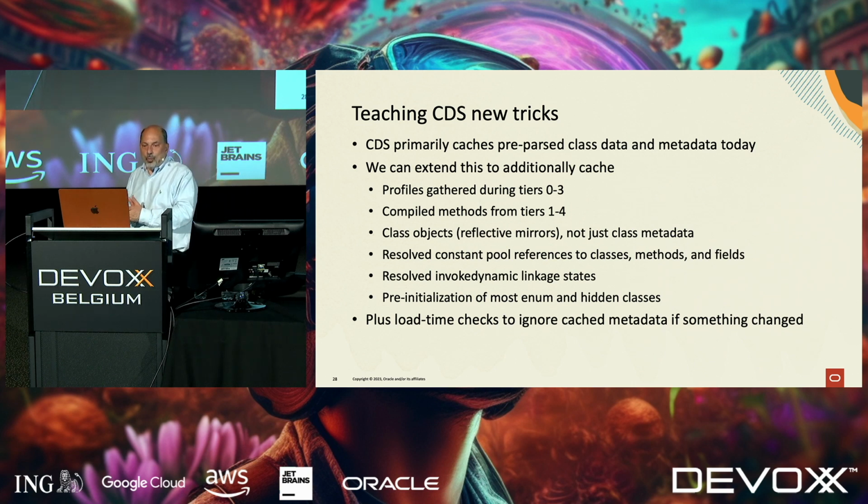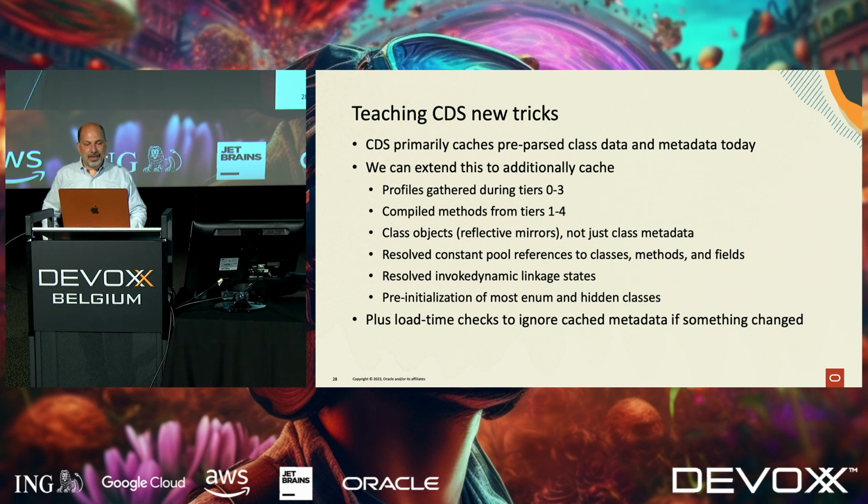And so what we did is basically teach CDS to gather additional information that is discovered during a training run, like invocation profiles, like JIT compiled code, like class mirrors, like Foo.class, resolved constant pool entries, resolved linkage states, and pre-initialization of some of the simplest classes.